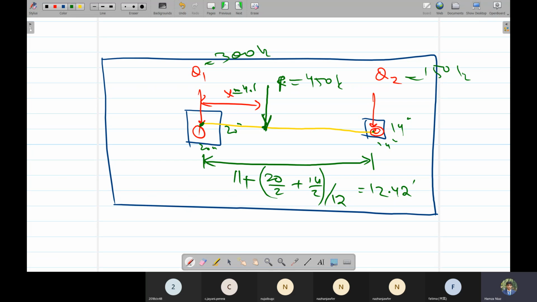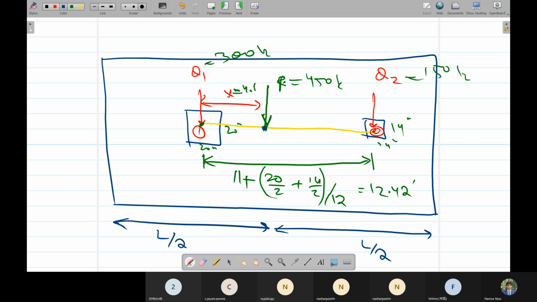Alright, so we have found this x distance. If we want to create a uniform pressure underneath the foundation, we have to ensure this resultant acts exactly at L by 2 distance. The distance of the resultant from one side of the foundation should exactly be L by 2.